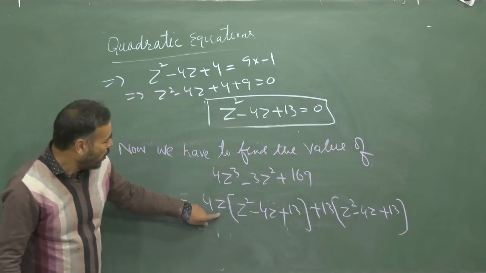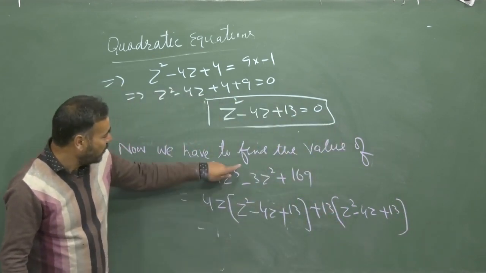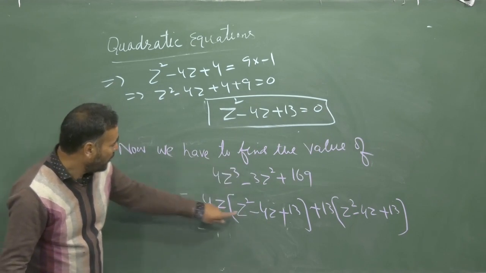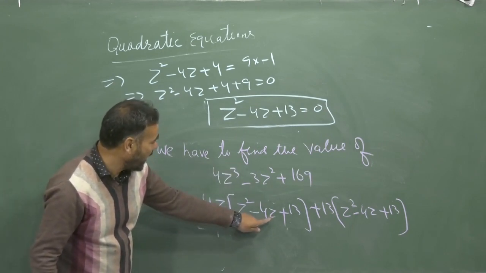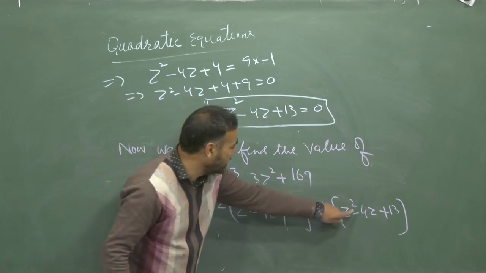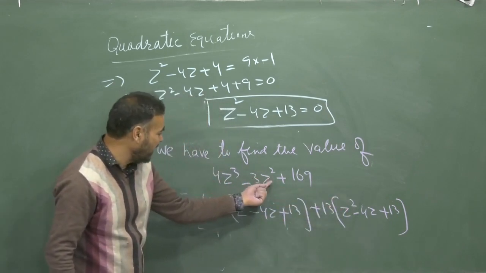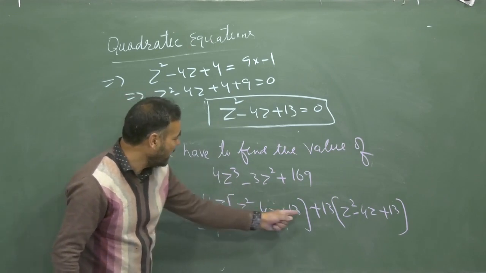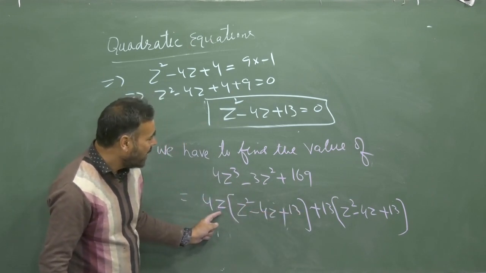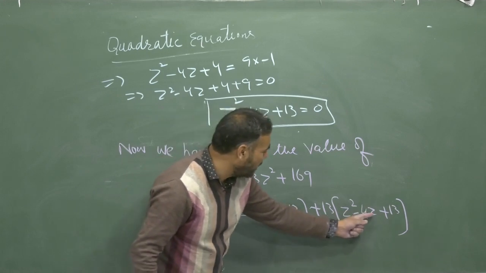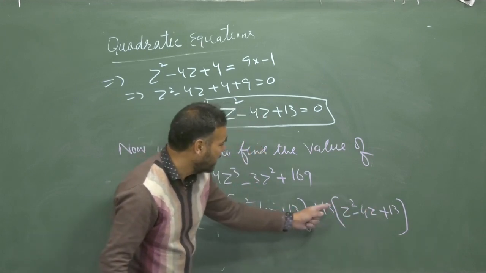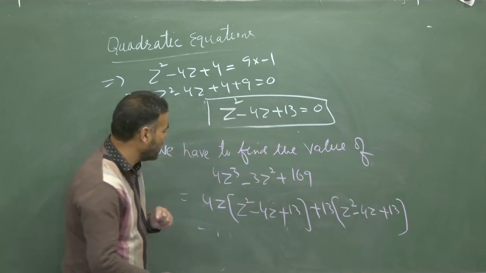4z into z square is 4z cube. 4 fours are 16z square, but it is 13z square, so 16z square minus 13z square will be 3z square. 4 thirteens are 52z, and 13 fours are 52z, that will get cancelled. 13 and 13 will be 169.